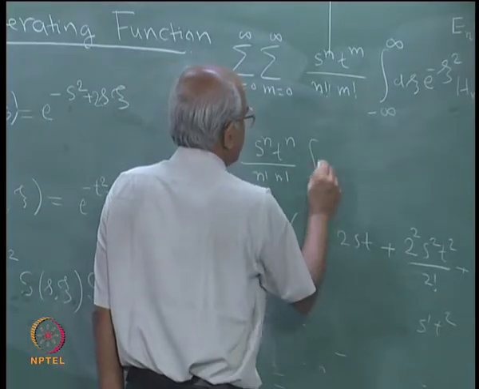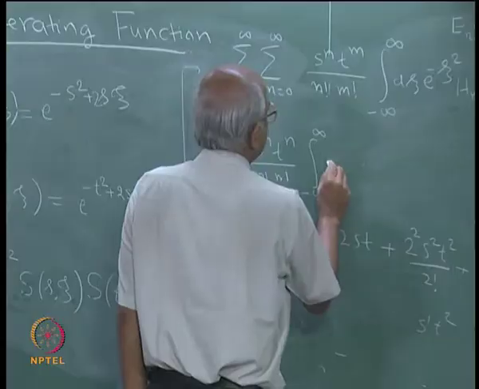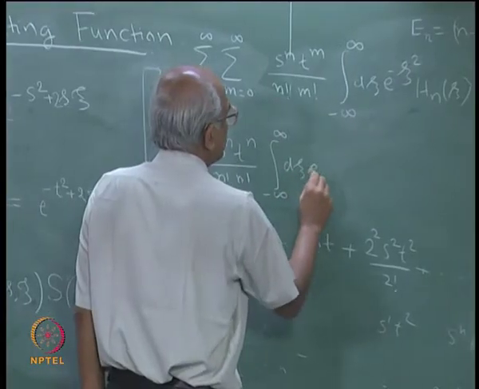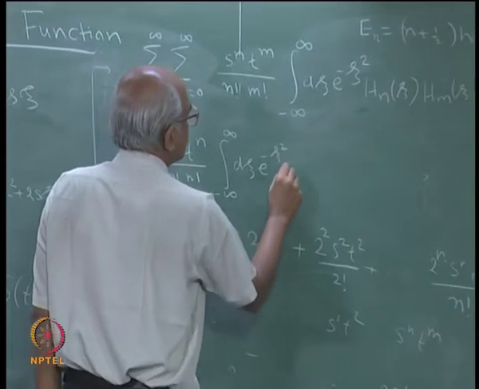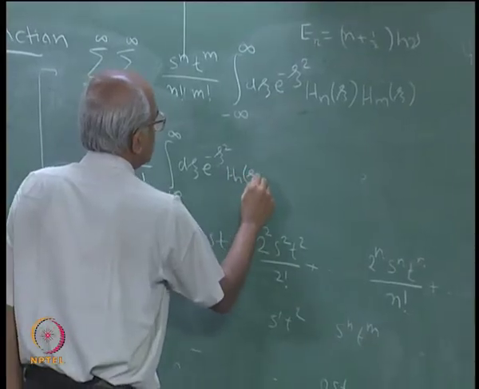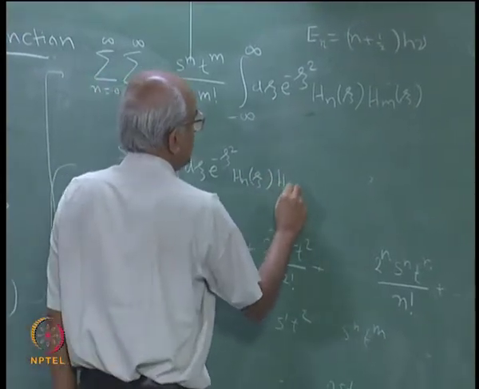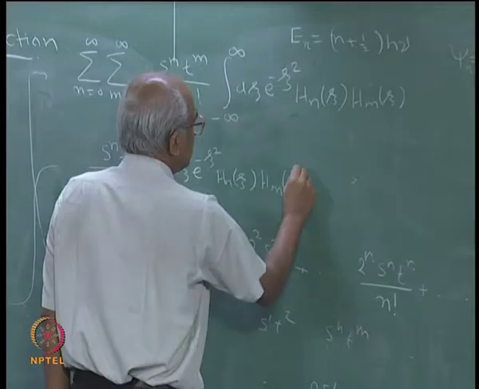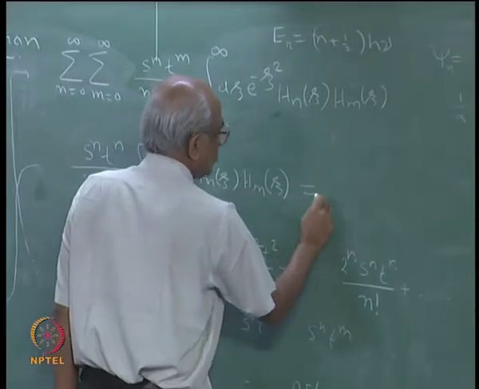integral minus infinity to plus infinity dx e to the power of minus c square Hn of C Hm of C is equal to what?